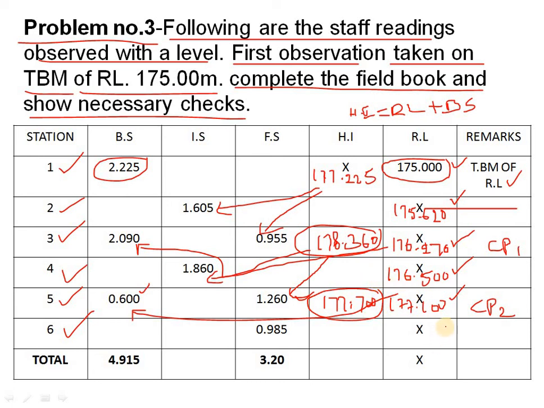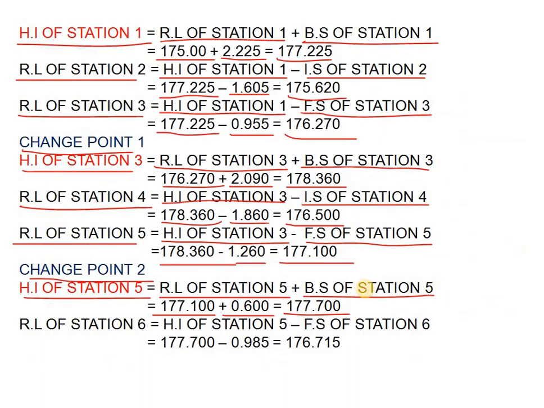Now the other one, that is the last station, RL of station 6. So RL of station 6 is equal to height of instrument of station 5 minus FS of station 6. That is 177.700 minus 0.985 is equal to 176.715.